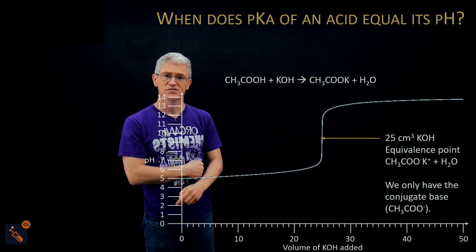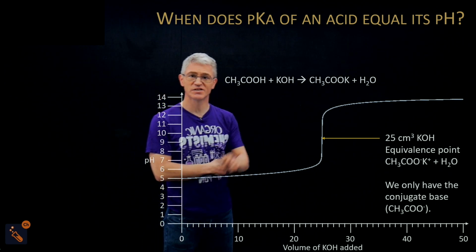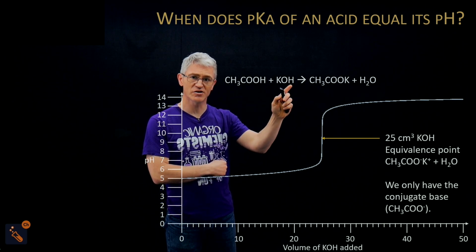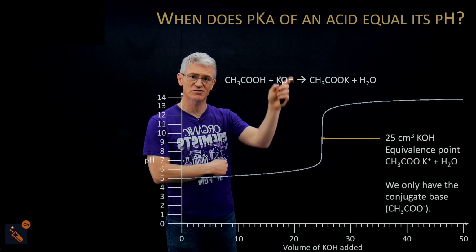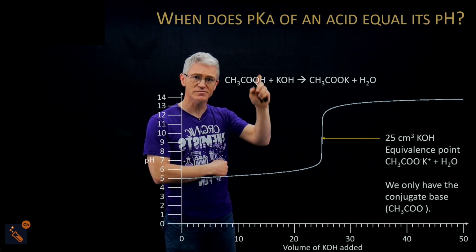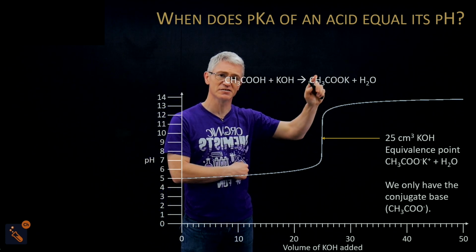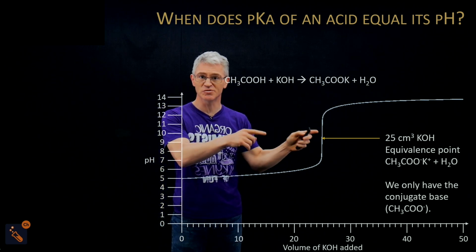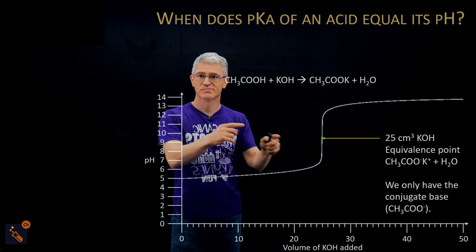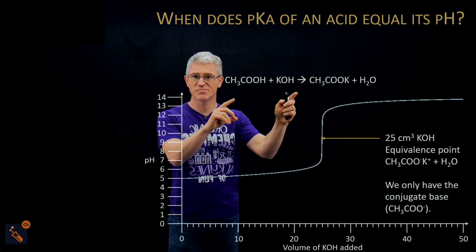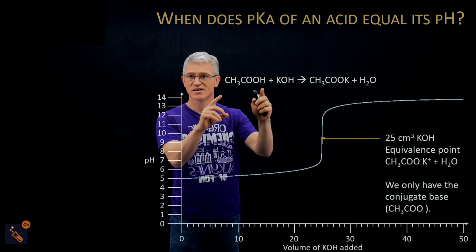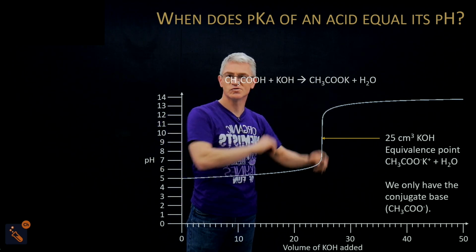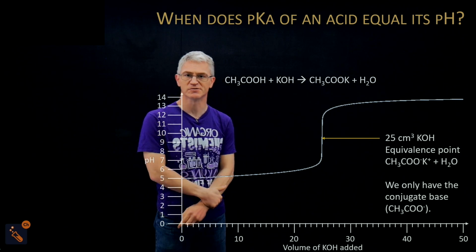Okay, so that means for this equation here that we have got OH minus equaling H plus, which means all of this is used up because they'll all react to make this conjugate base. So we only have the conjugate base.